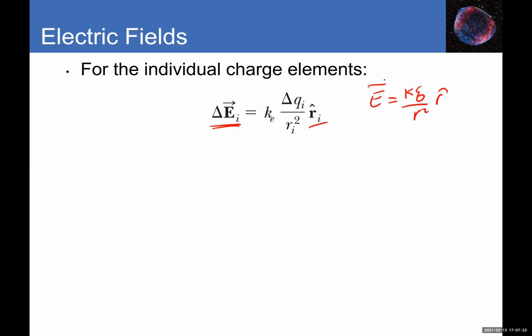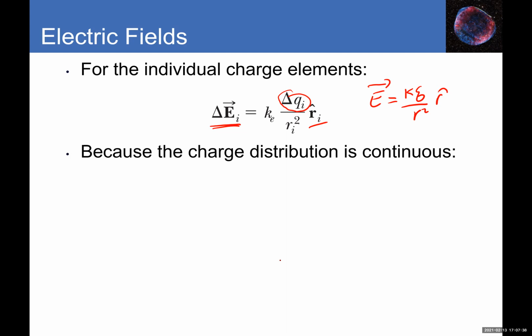That was the equation for the electric field. I'm just saying that right now I'm looking at this element which has a charge delta Q instead of just Q. But then remember I have a large number of those charges together in a small region. So I need to add them all together. That means the electric field is delta E1 plus delta E2, delta E3, right? All of those contributions combined together.